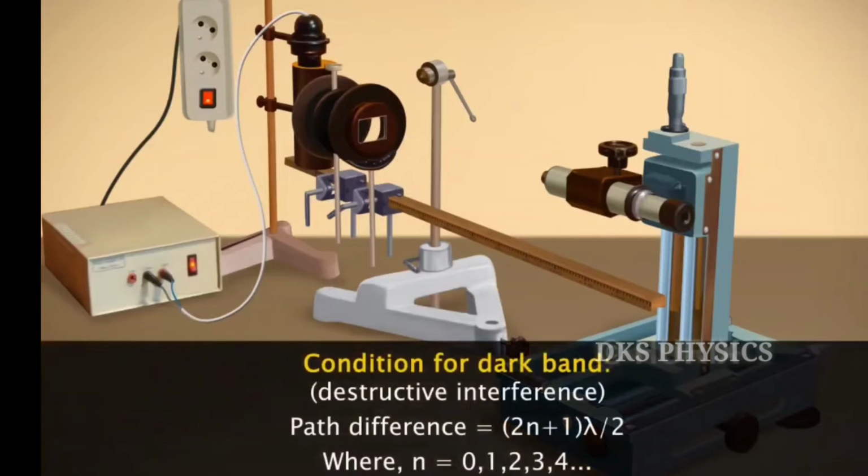From the condition of destructive interference, we know that the dark bands form where the waves meet in opposite phases. The path difference between the waves is (2n+1) times lambda by 2. Here, n is 0, 1, 2, 3, 4, etc.